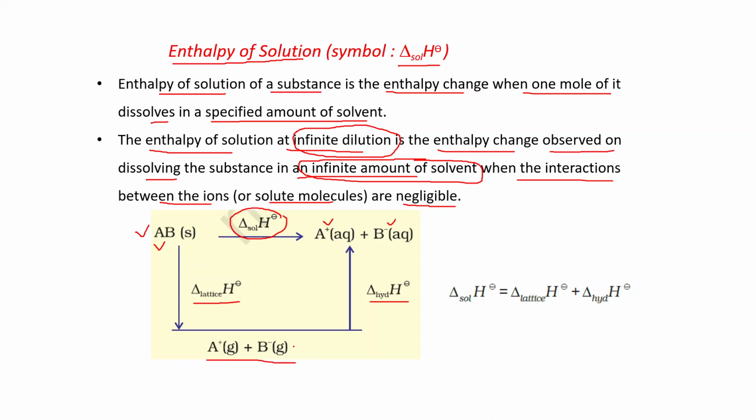And when these gaseous ions are hydrated, then whatever the change in enthalpy taking place is known as hydration enthalpy. According to Hess's law of constant heat summation, we can write enthalpy of solution is equal to lattice enthalpy plus hydration enthalpy, okay. Again remember, all these are in the standard state.